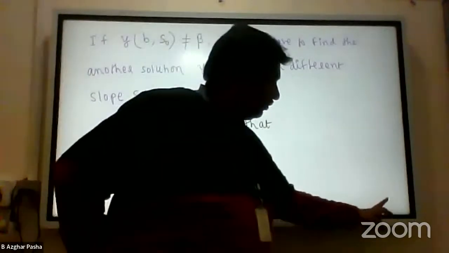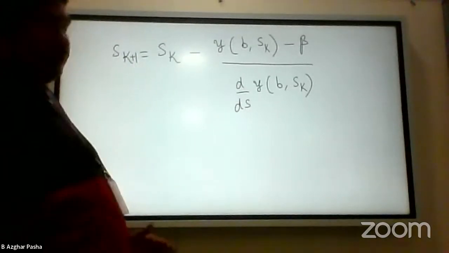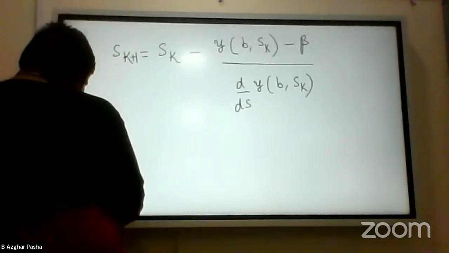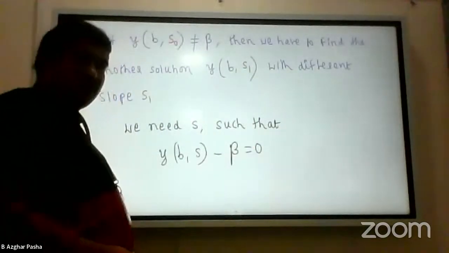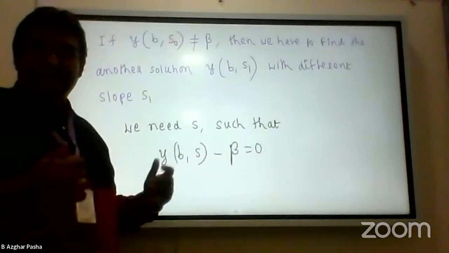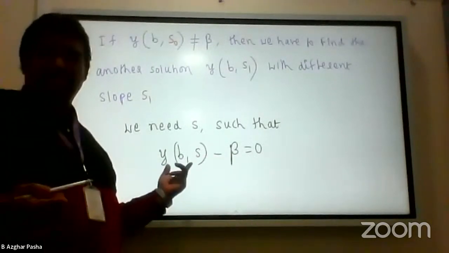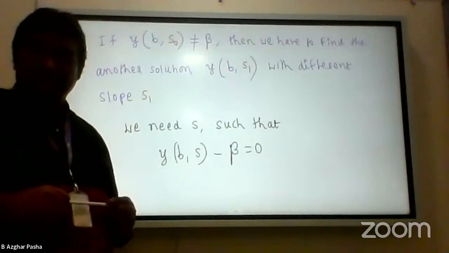Now, how to improve this S1 value? Simple. This is an equation, like f of x equal to 0. This is what we are looking for. It is a function of s; beta and b are all fixed.